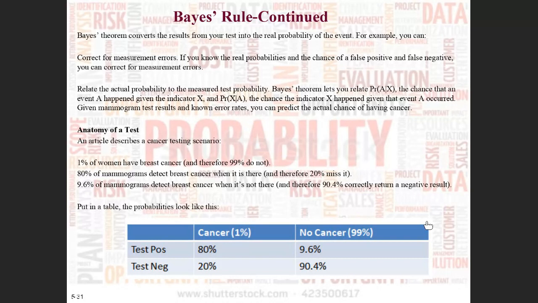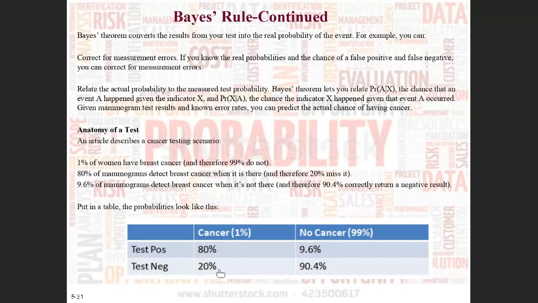Okay, does everybody understand how those numbers work? Does anybody not understand? Look at the chart here below. You can see the probabilities. Somebody has cancer: the test is positive 80% of the time. Somebody has cancer and the test is negative 20% of the time. This is the false negative.